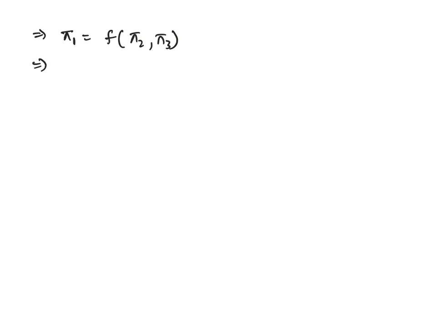This implies we have tau w over rho u square is equals to a function of u prime over u, comma, delta dp over dx rho u square.